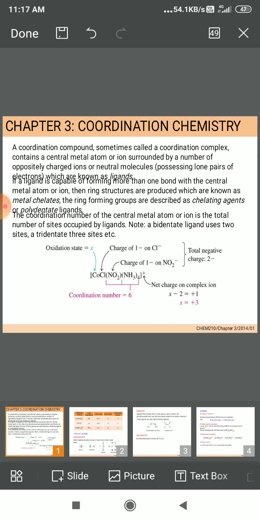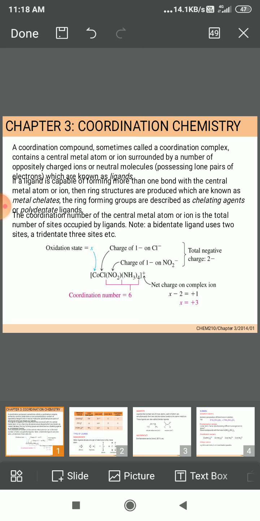For example, [Co(Cl)(NO2)(NH3)4]+. In this complex, the oxidation state of cobalt is calculated.